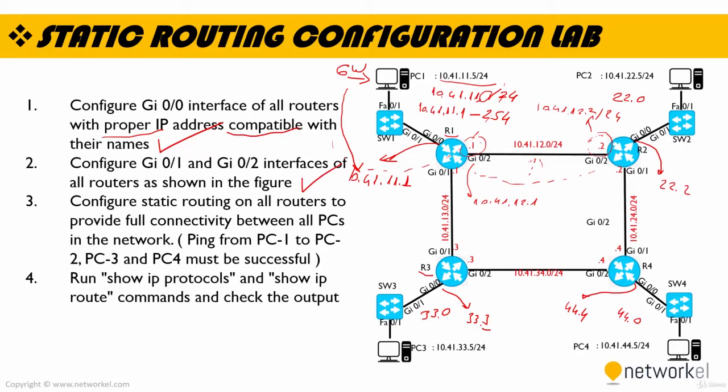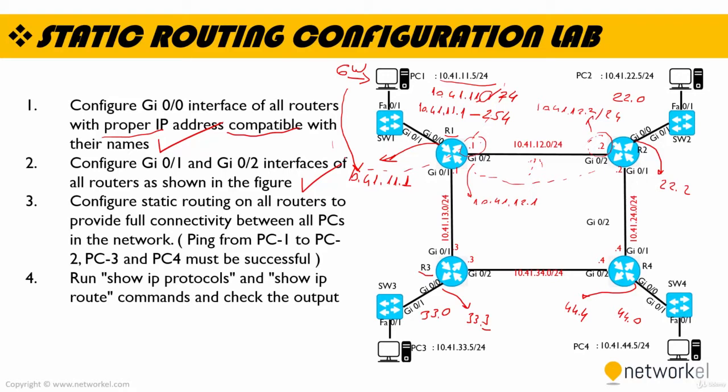Alright, pretty cool. I know that's not an easy lab for you guys, but you learn lots of things when you accomplish it and when you learn the details of this lab. Alright, let's go with the third step.